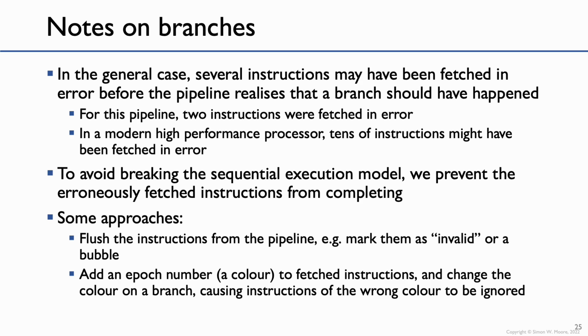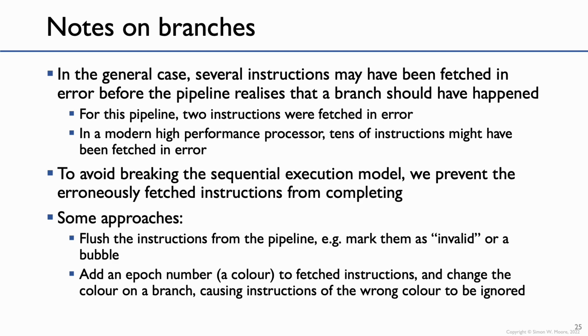So that's one approach. Another approach is to add an epoch number to fetched instructions. So we sort of colour the instructions, if you like. If we're currently executing blue-coloured instructions, and we then come across a branch, then we tell the branch unit we're going to move from the blue phase into, say, the yellow phase.